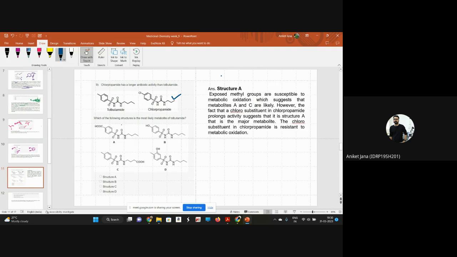Which of the following structures is the most likely metabolite of this one? So what is a metabolite? The parent compound converts into another form after metabolism, which is called a metabolite, right?